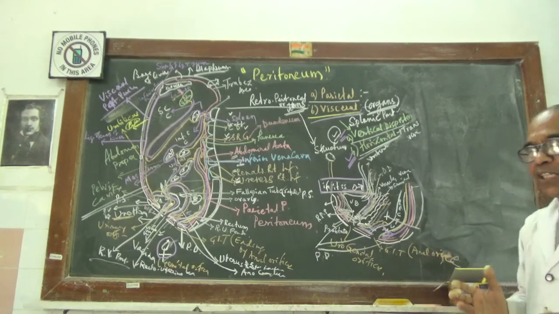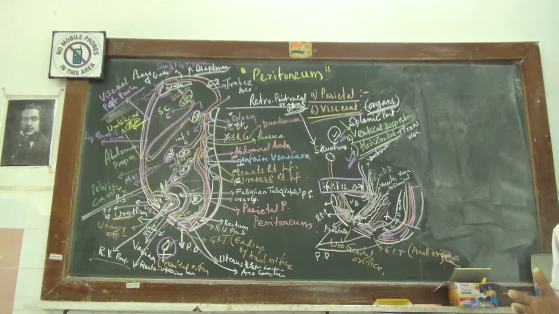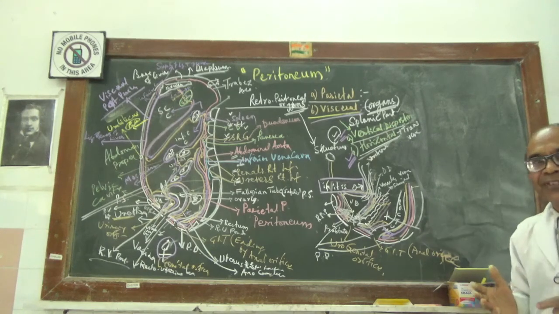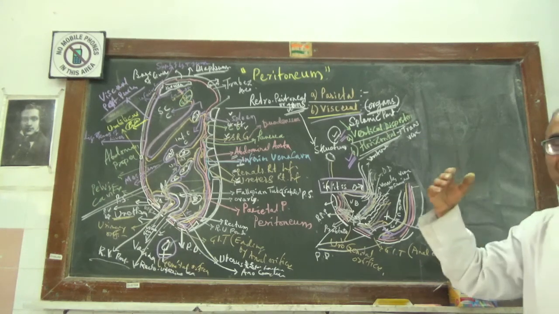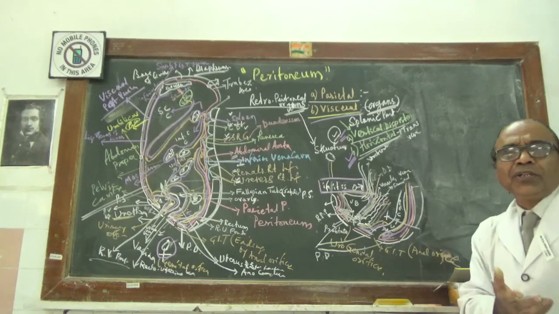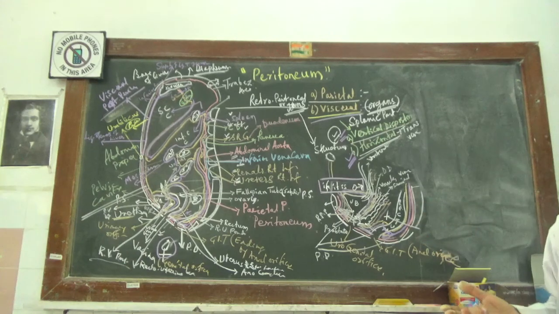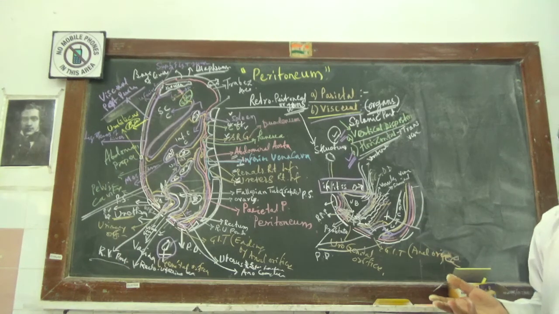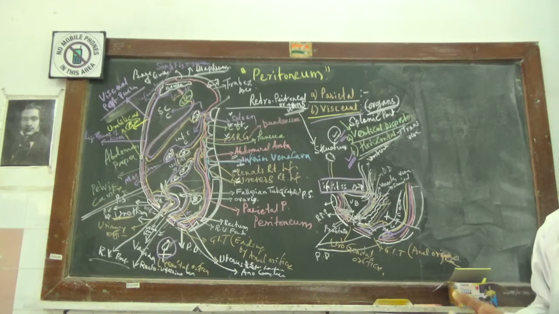Second, the quantity is also going to increase because of the process of inflammation of any one organ or two organs or multiple organs. So that is the disease when it is occurring in the abdominal organs.